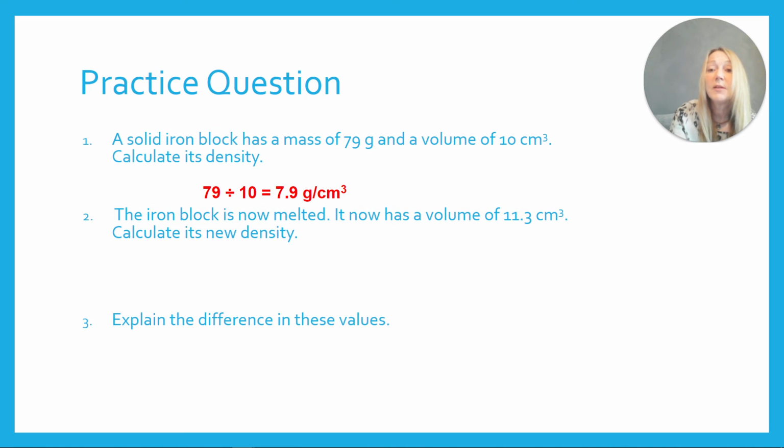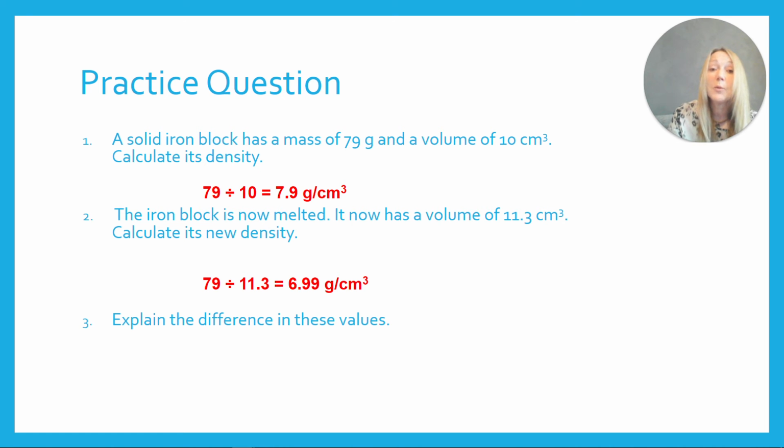Notice that the unit is grams, and this unit of centimetres cubed makes up the unit for the density. The next one, after it had been melted, we still had 79 grams, but this time, because it's melted, it's taken up more volume. And so when we divide that, we get a density of 6.99 grams per centimetres cubed.